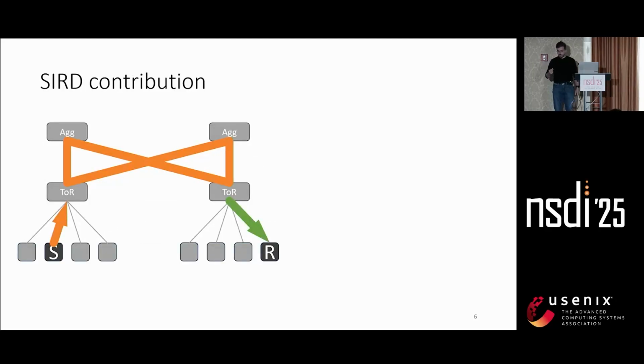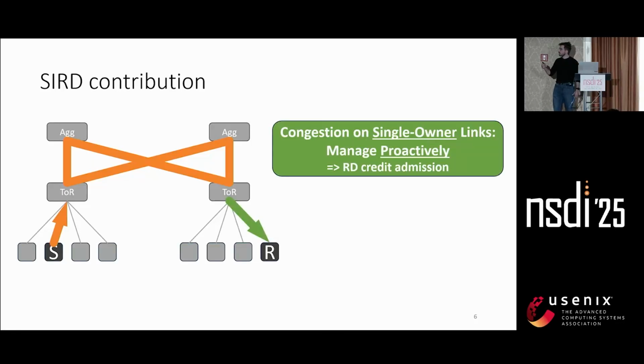And we argue that to get this, we follow a simple approach, which is that congestion on single owner links, in this case, switch to receiver links, should be managed proactively through receiver-driven admission control.